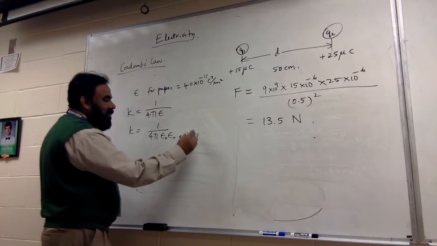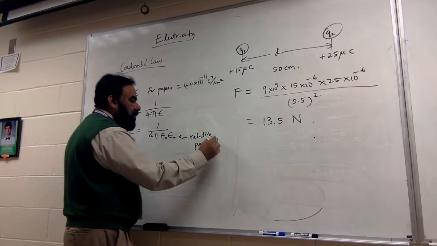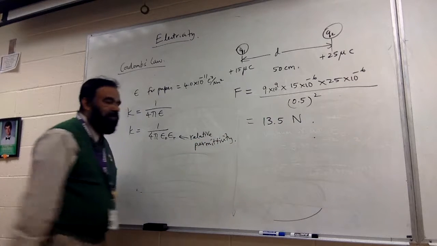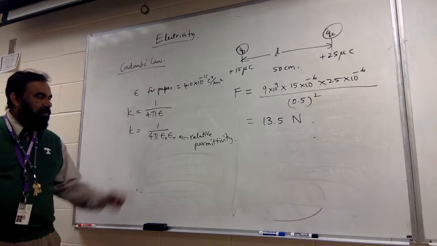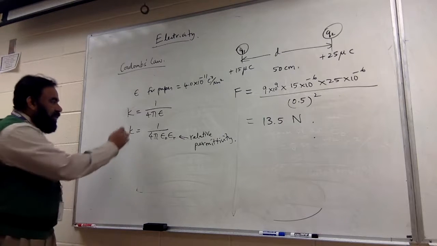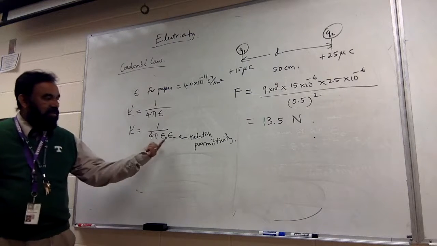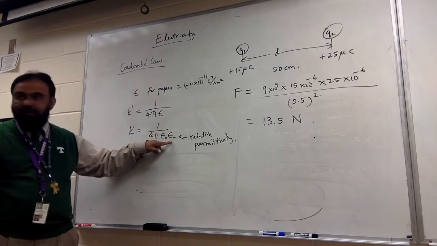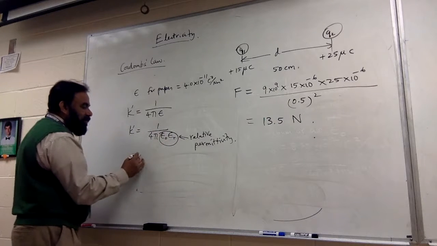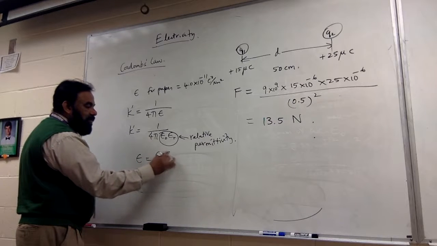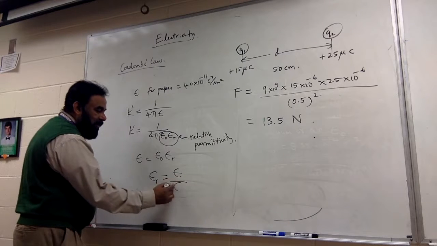It's called relative permittivity. So if I'm going to use relative permittivity, the new constant is going to be the old constant divided by epsilon r. So epsilon is equal to epsilon naught times epsilon r, and epsilon r is the epsilon divided by the epsilon naught.